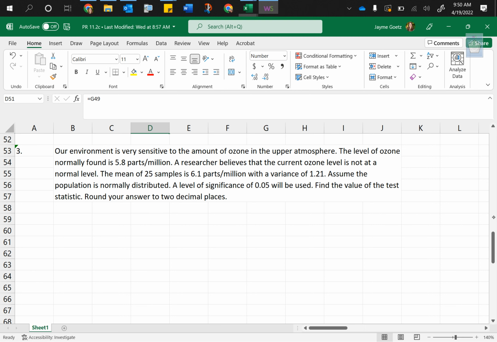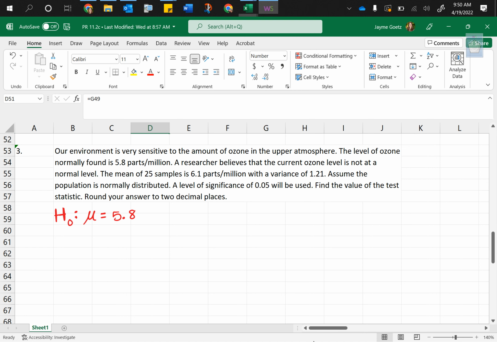So, my null hypothesis. What do we think? Mu is equal to 5.8 parts per million. Very good, 5.8. Okay? Now my alternative hypothesis is still going to be mu, but what do we think this time?